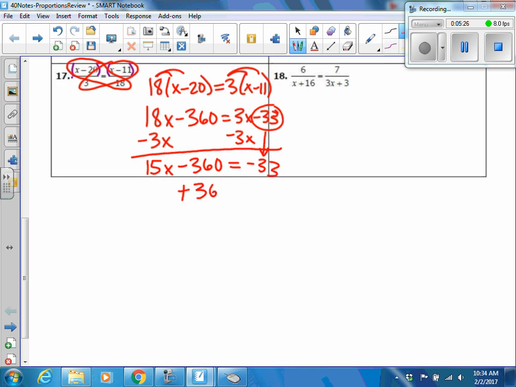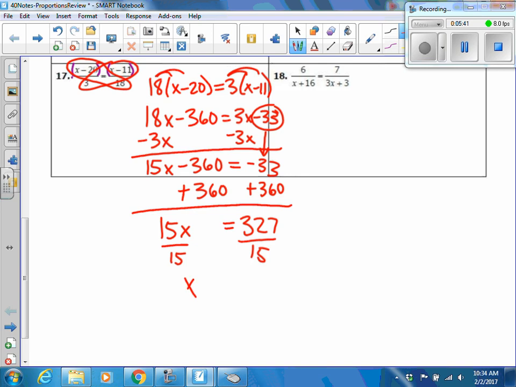I'm going to add 360 to that. I have 15x, and that is equal to 327. Divide by 15, I can already tell that's not going to go in evenly, so we've got yet another decimal, 21.8.